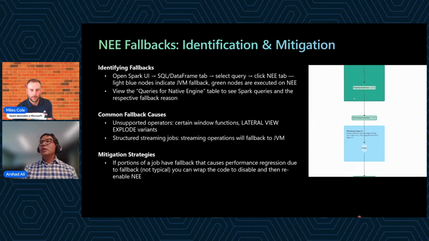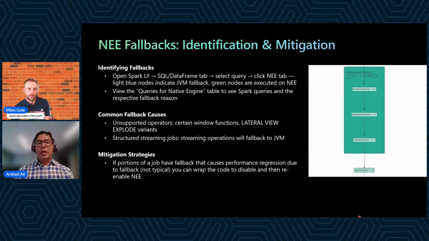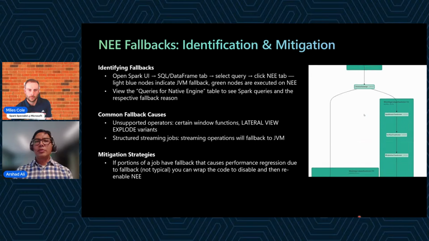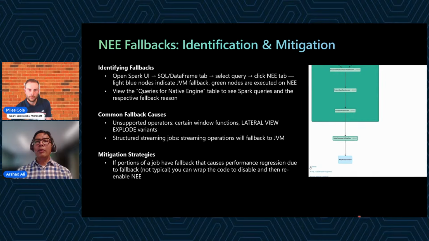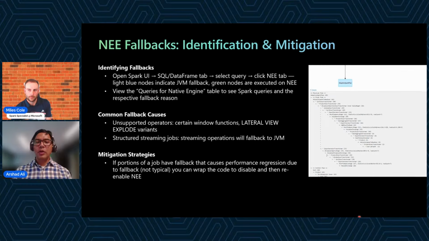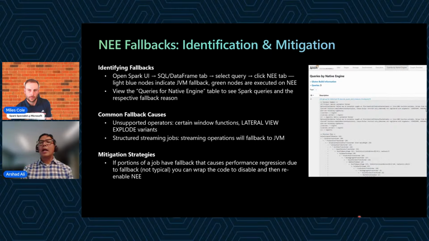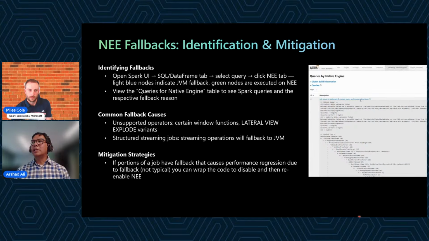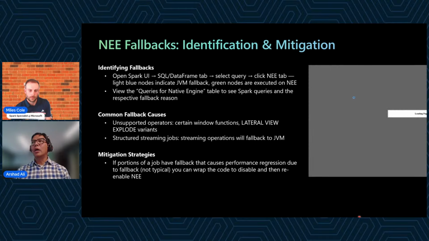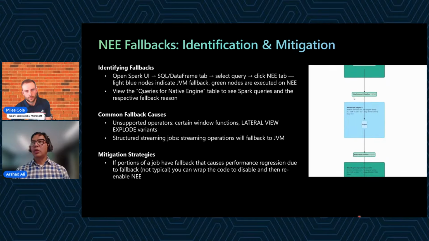So, in terms of identifying fallback, it happens transparently. You don't have to worry about your job failing when something is not supported with the native execution engine. But you can look at whether there is any fallback in your job by going to the tab and selecting your query under the SQL DataFrame tab in the Spark UI.